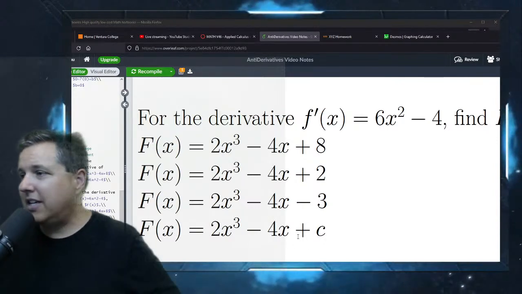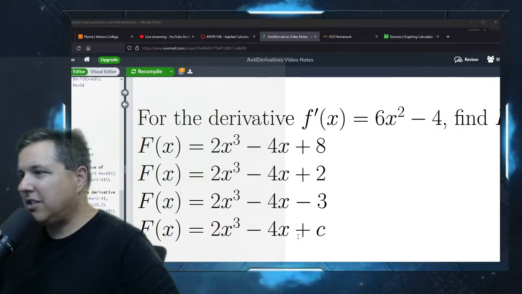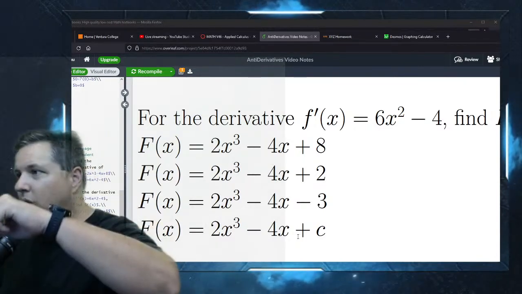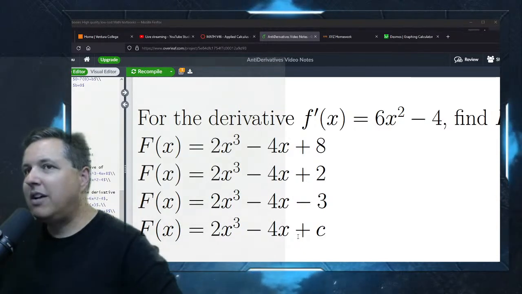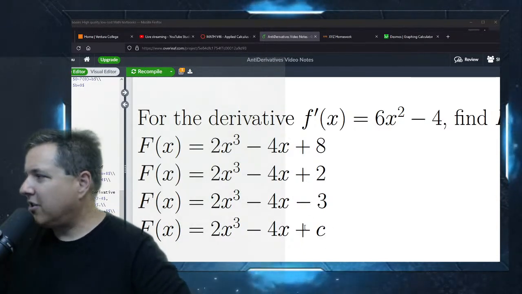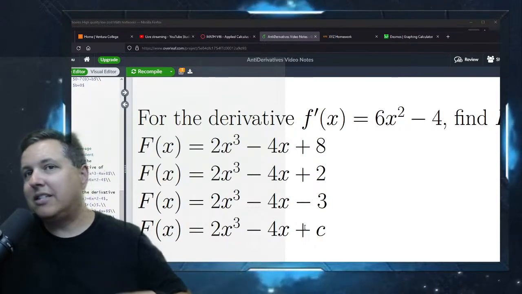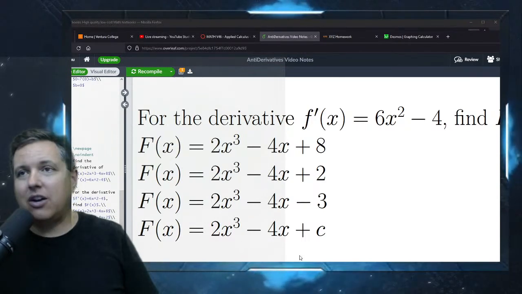If you're subtracting, your c can still be positive or negative. It's just something that's considered poor form. It's like how we don't write x to the 1 and we don't write x to the 0. We simplify those down. Writing plus c is considered a little bit more simplified, even though, yes, writing negative c is still mathematically correct. It's just not good form.